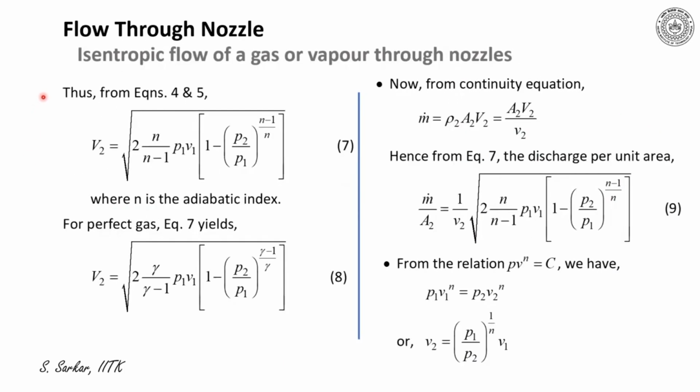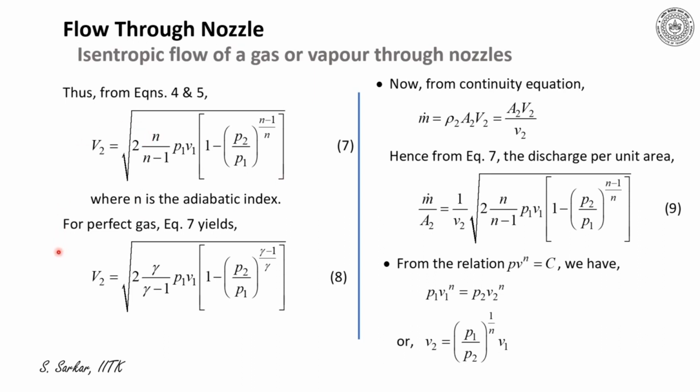Thus, following earlier equations 4 and 5, I can get V2 is equal to root over twice n divided by n minus 1 P1 V1 within the bracket 1 minus (P2 by P1) to the power (n minus 1) by n, which is equation number 7, where n is the adiabatic index. Now for a perfect gas, n will be replaced by gamma.